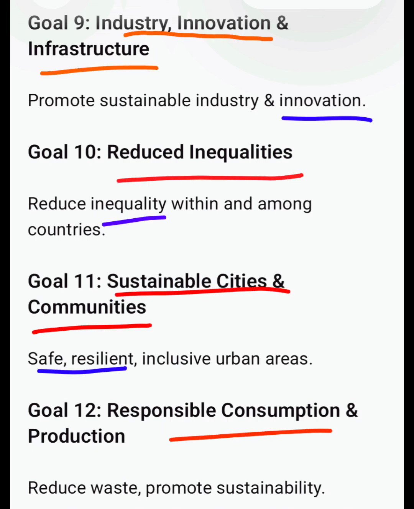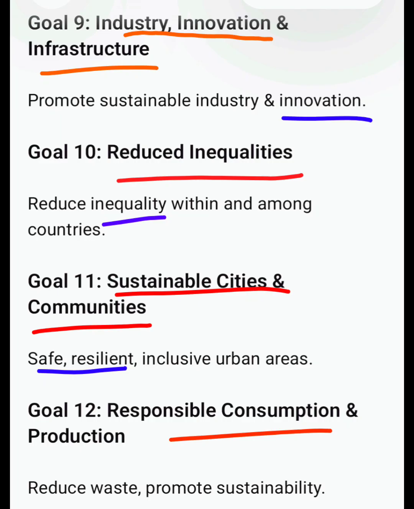Goal 9, industry, innovation and infrastructure: promote sustainable industry and innovation. Goal 10, reduced inequalities: reduce inequality within and among countries. Goal 11, sustainable cities and communities: safe, resilient, inclusive urban areas.